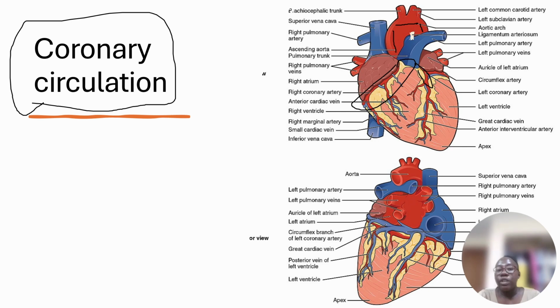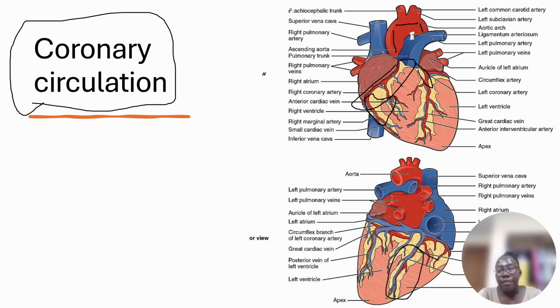The right coronary artery in itself is going to branch into the marginal branch, and up here you can see in the posterior view, the posterior interventricular artery.